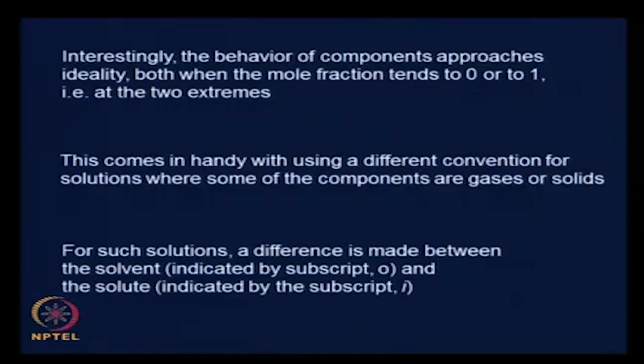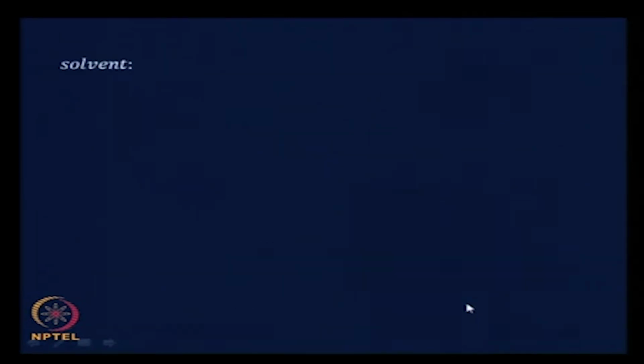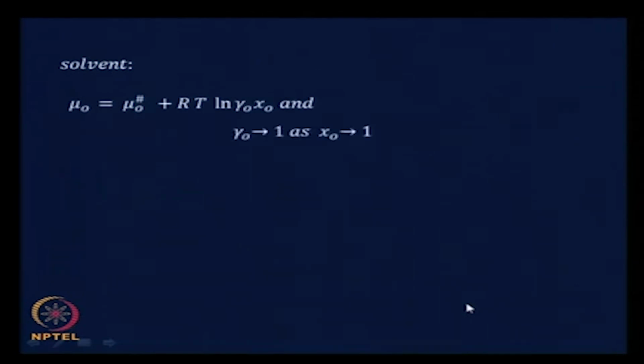So if we represent the solvent by a subscript O and the solute by a subscript i, then for the solvent we wrote mu_O equals mu_O hash plus RT ln gamma_O x_O, and gamma_O tends to 1 as x_O tends to 1.